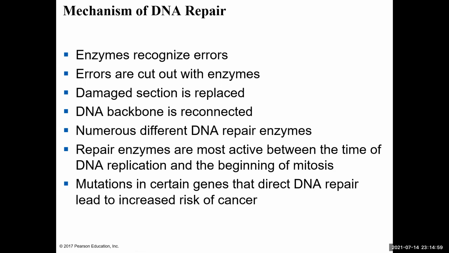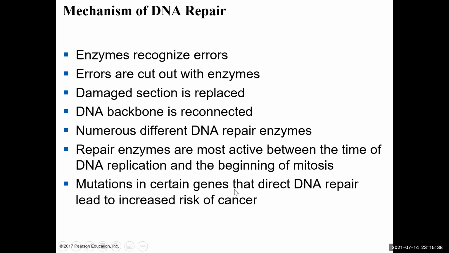If there are errors present, they will cut out those wrong, incorrect bases, and that section will be replaced with the correct base, the backbone's reconnected, and then the DNA will be fixed, and so that mutation will be removed. There are a bunch of different DNA repair enzymes, and they're most active between DNA replication, so the S phase, and the beginning of mitosis, right? So basically like the G2 phase.